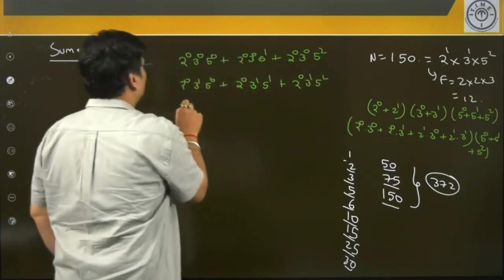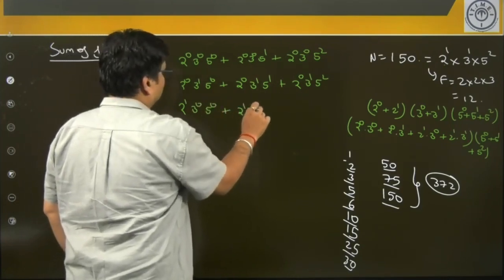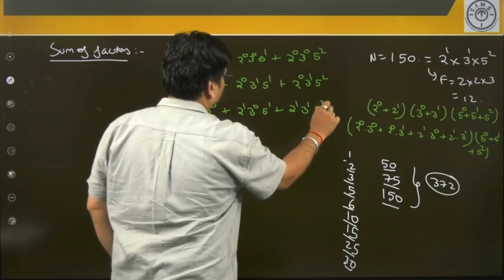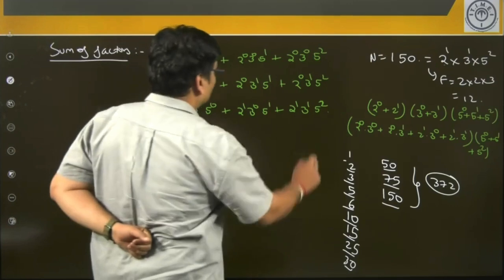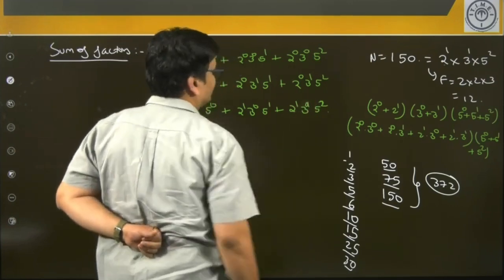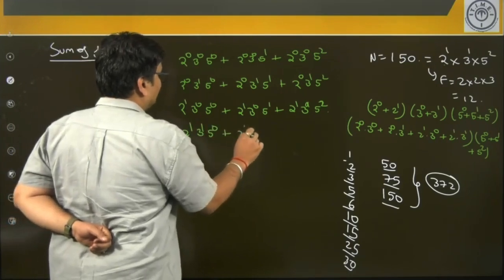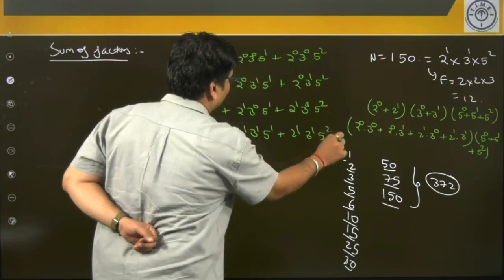Similarly, third term 2 power 1, 3 power 0, 5 power 0, 5 power 1, 5 square. And last term 2 power 1, 3 power 1, 5 power 0, 2 power 1, 3 power 1, 5 power 1, 2 power 1, 3 power 1, 5 power 2.